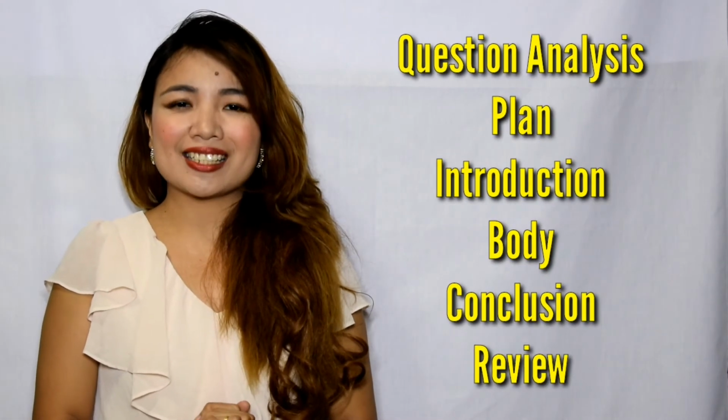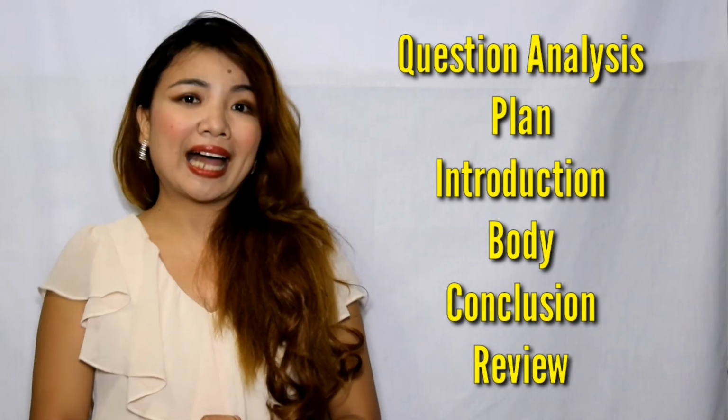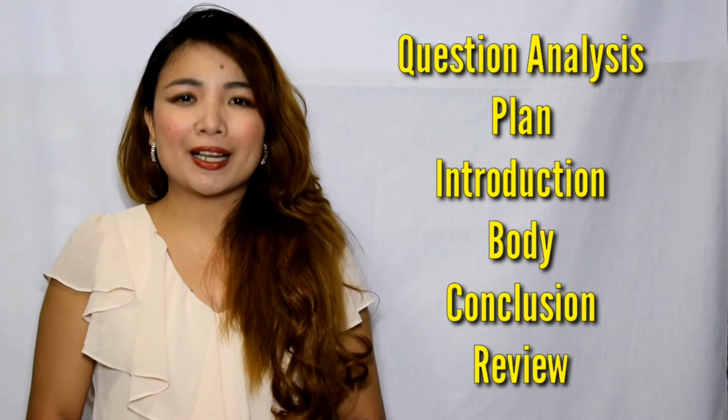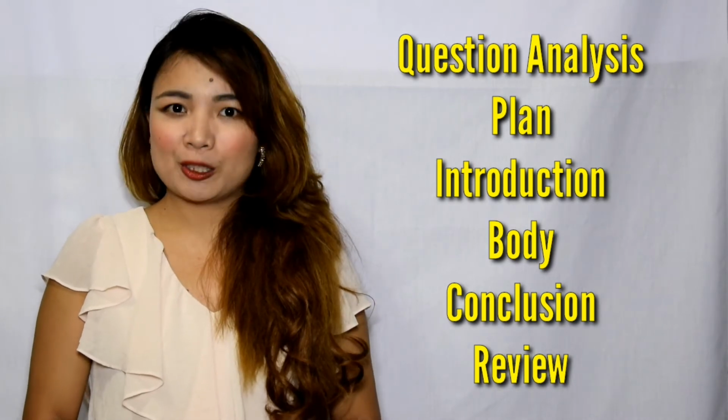This is first, question analysis, second, plan, third, introduction, fourth, body, fifth, conclusion, and sixth, review. Mind you, when you follow this 6-step approach, you should do all these 6 steps in how many minutes? Of course, 40 minutes, which is the given time frame for the writing Task 2.